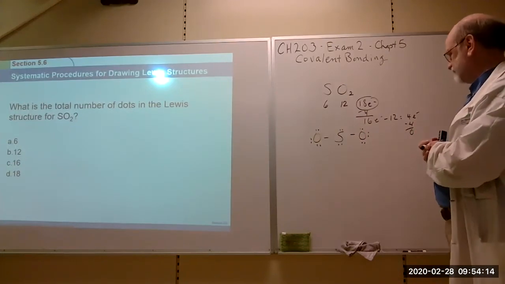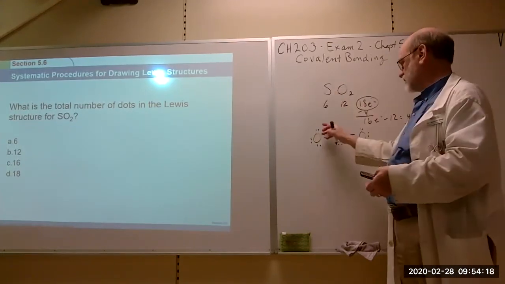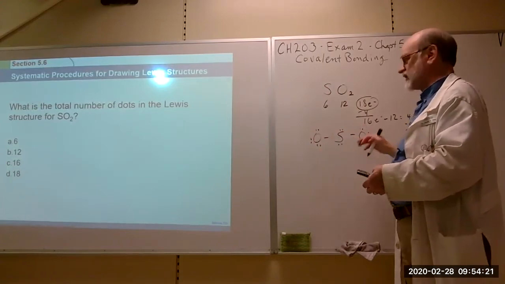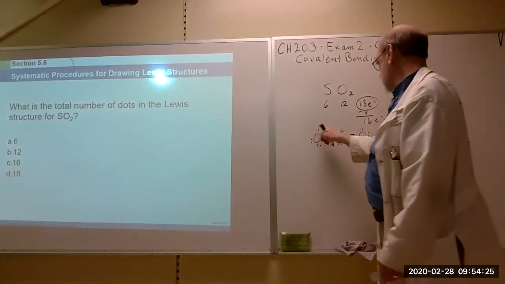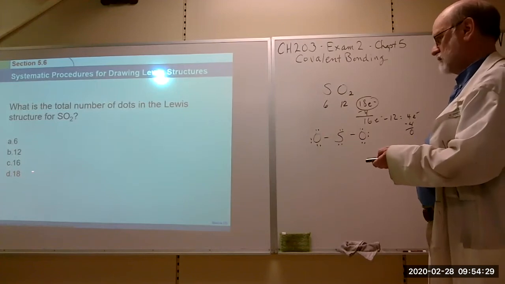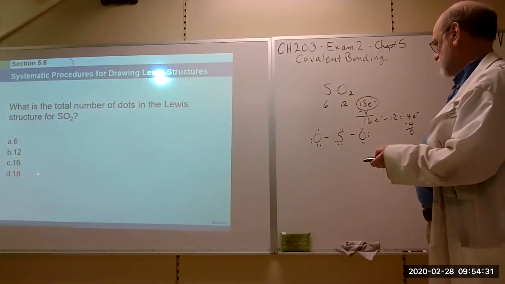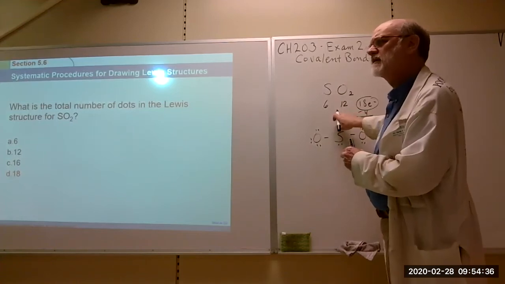So we're all done. Now the question is, how many dots do we have? 2, 4, 6, 8, 10, 12, 14, 16. Wait a minute. That's wrong. Unless I counted wrong. Did I count wrong? Sulfur and oxygen.